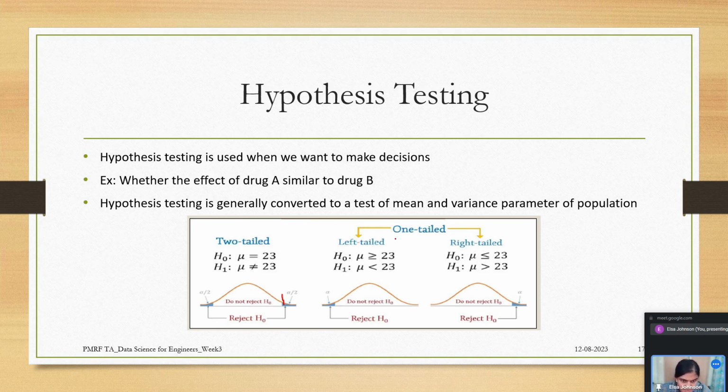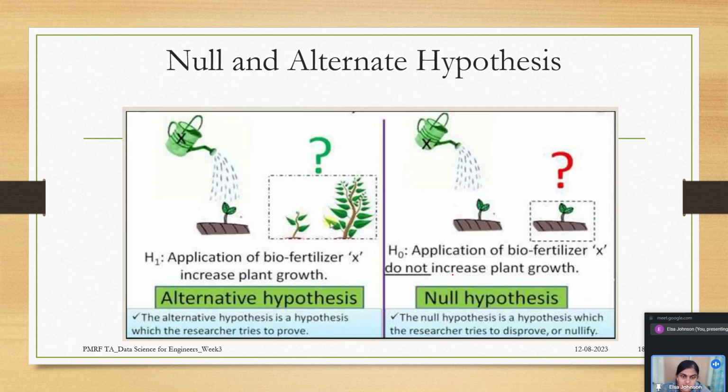Similarly, there are one-tailed tests. Left-tailed means if mu is greater than or equal to 23, then we don't reject H naught, and the alternate hypothesis is less than 23. Then there is right-tailed also, which is the reverse of this case. Here you can see an example. The null hypothesis is that application of biofertilizer X does not increase plant growth.